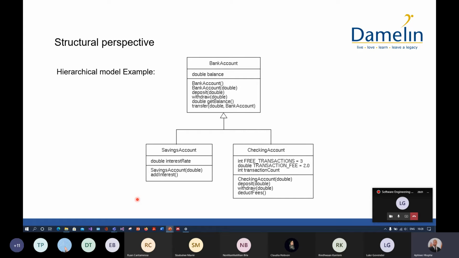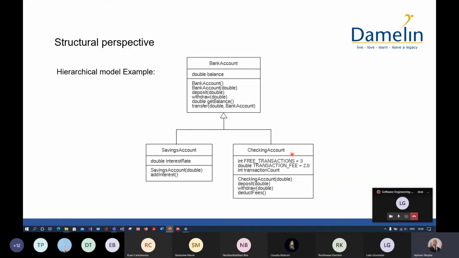It says that regardless of whether it's a savings account or a checking account, it's going to inherit a bank account number from the superclass. We refer to this as the superclass, and these become subclasses, or also parent class and child classes.